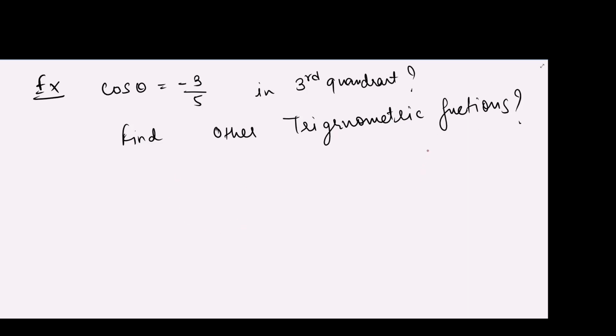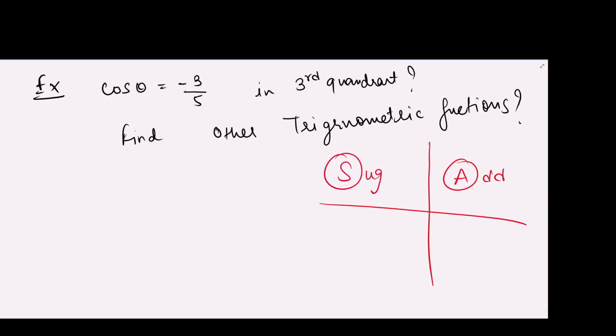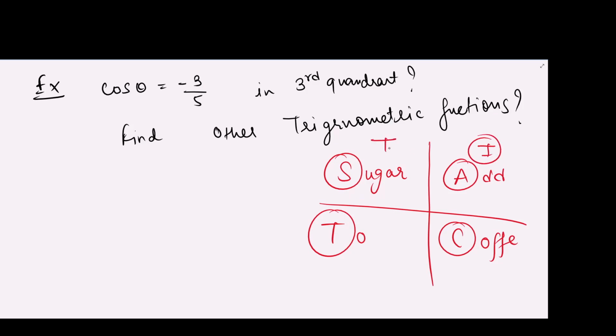So from this diagram, this is first quadrant, this is second quadrant, this is third quadrant, and this is fourth quadrant.